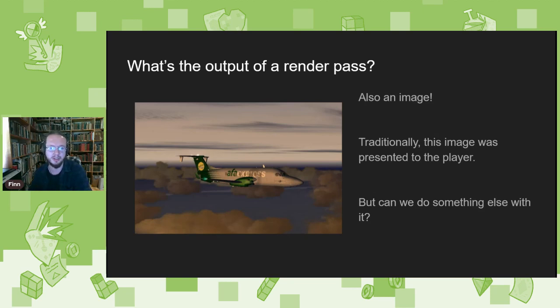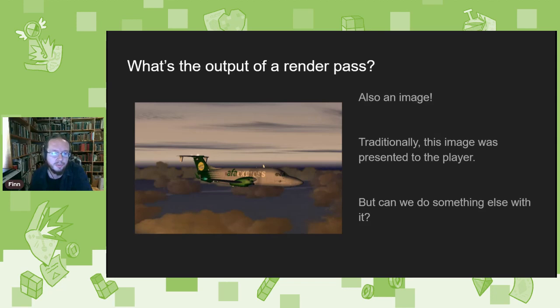We're rendering into an image, what we would call rendering to the screen. Essentially, we create this image that is the scene that we're going to show the player, and then we show them. So this little picture of a plane here, maybe we did a draw call to draw the plane. Maybe we did a draw call to draw the sea or the sky or the clouds. Once we've added those all together, we've got this little picture of a plane, and then we show it to the player as of about 20 years ago.